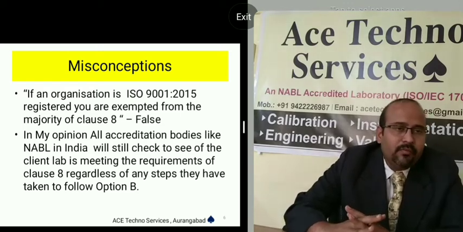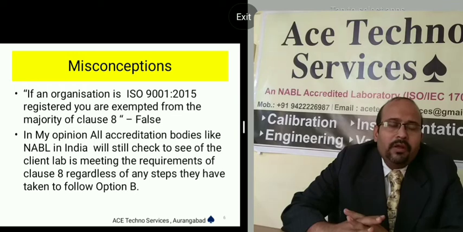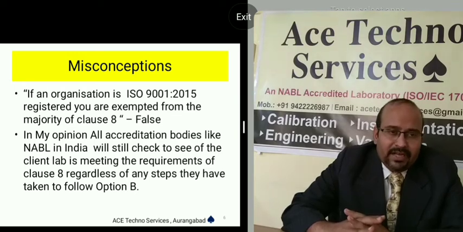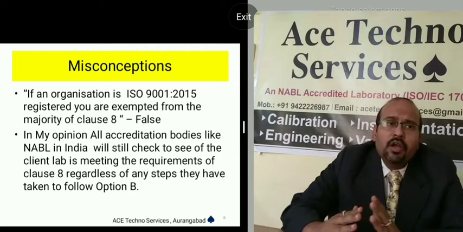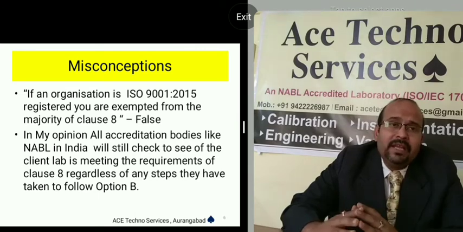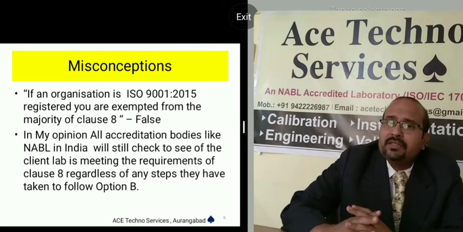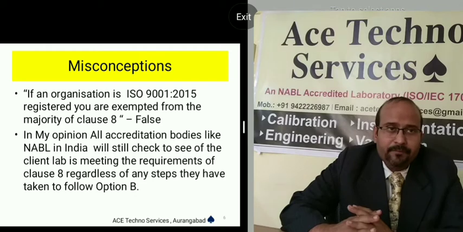This is a major misconception. It is not true. We will still have to demonstrate that the intent of clause 8 is satisfied, and that does not give you any advantage of not implementing certain sections of this international standard. No, that is not there.